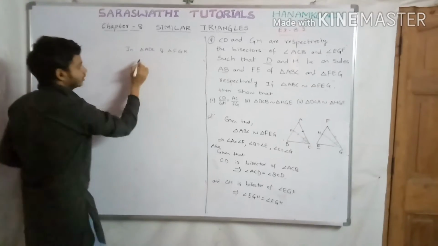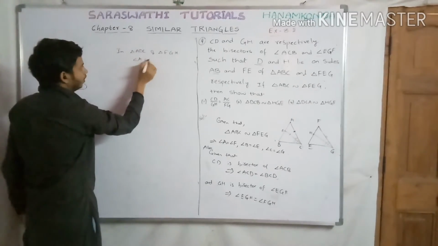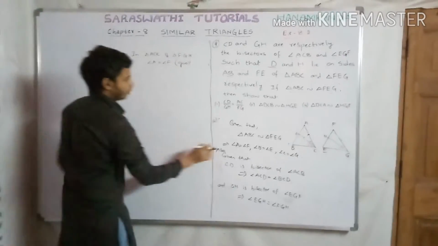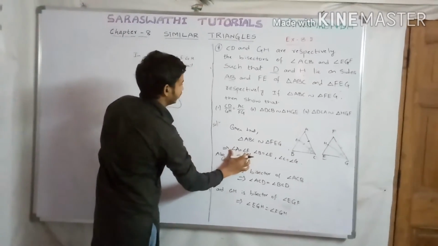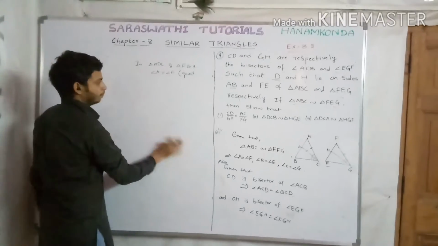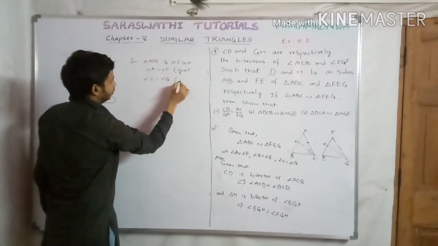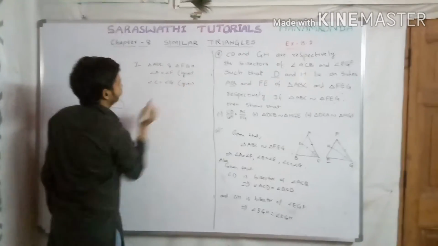In both the triangles, angle A equal to angle F, we have obtained from the given condition. Next, angle C equal to angle G, this is also obtained from the given question.